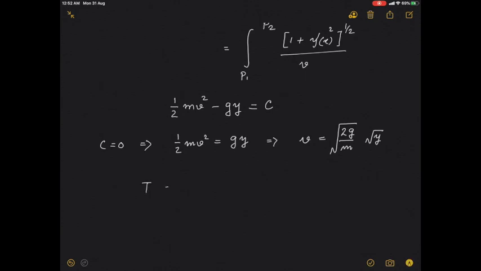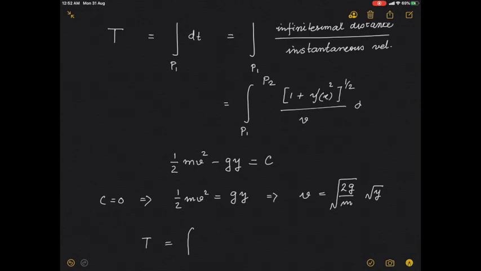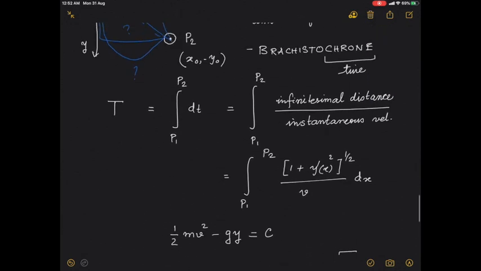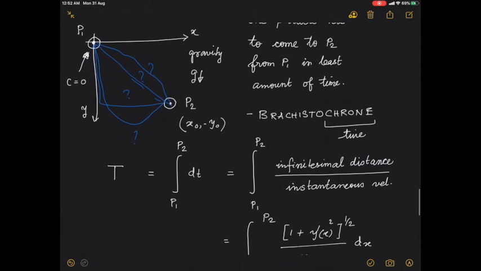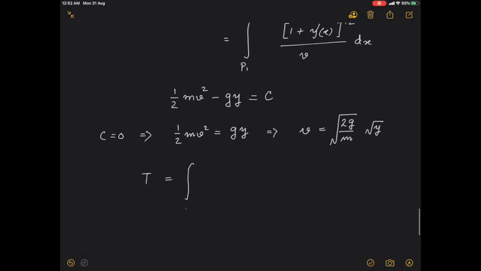So my total time becomes, see, this integral, I forgot to write the integrand, which is dx, from x1 to x2, or what did we call it? So 0 to x0. These points are fixed. So I have dx over here. I can take that.